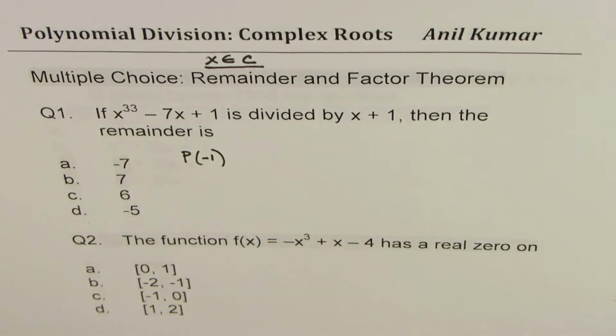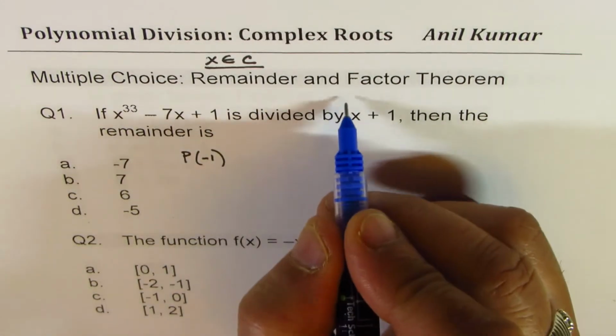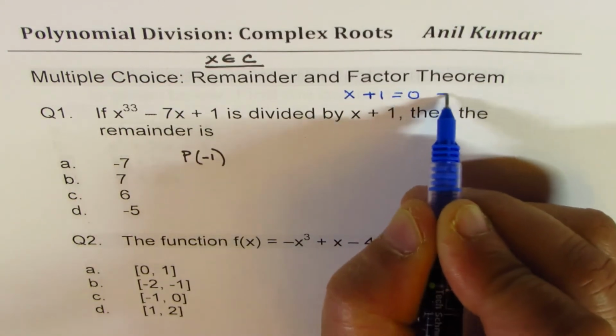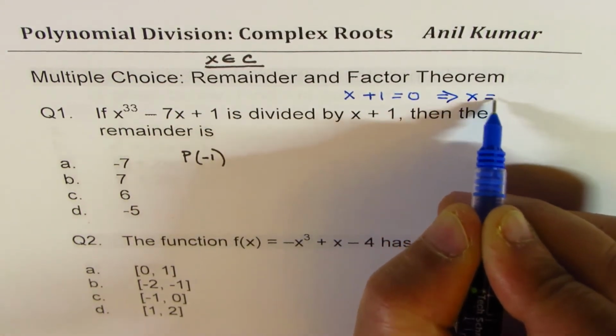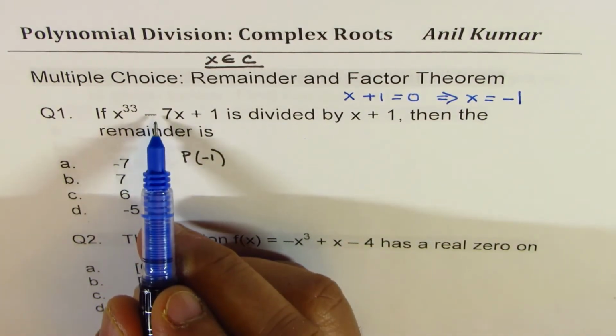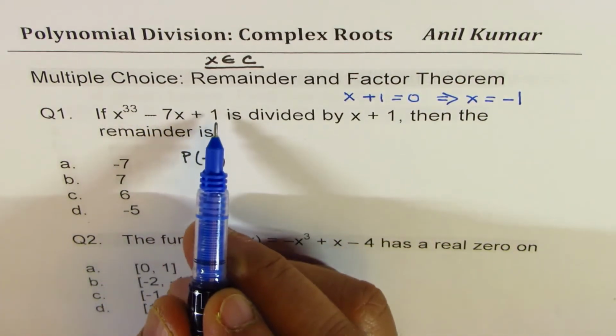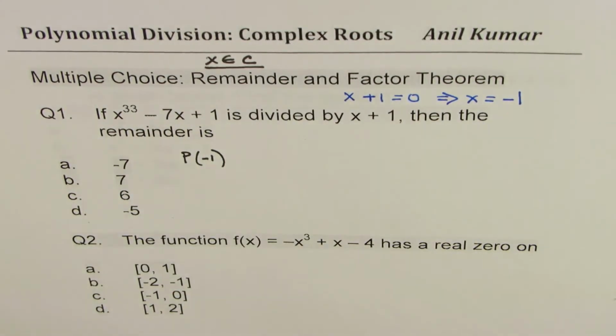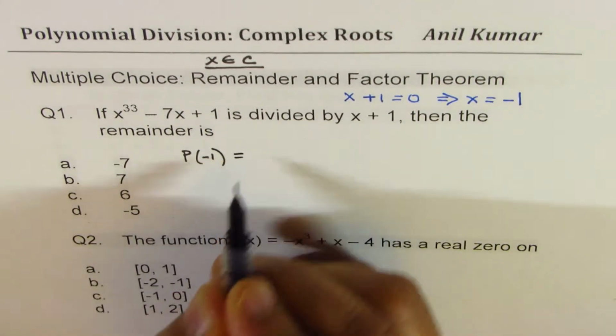The idea is you have to equate x plus 1 to 0. That gives you the value of x as minus 1. Substitute minus 1 in the polynomial and whatever you get will be the remainder. That's the remainder theorem. Is that okay? So we are applying the remainder theorem here.